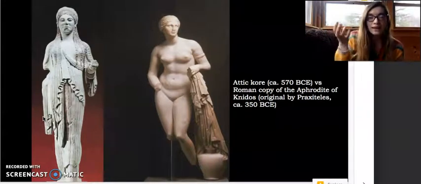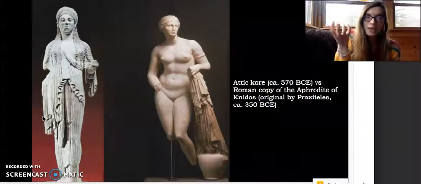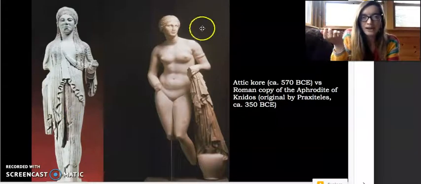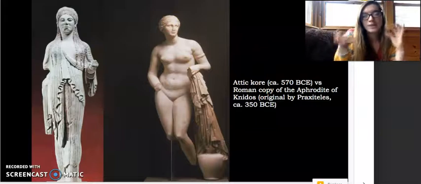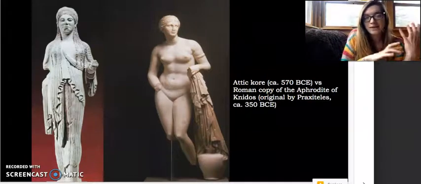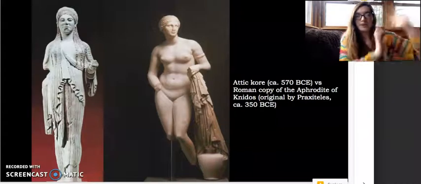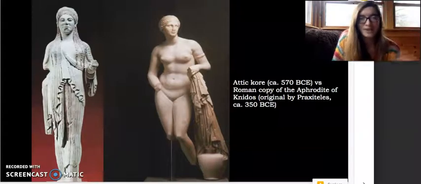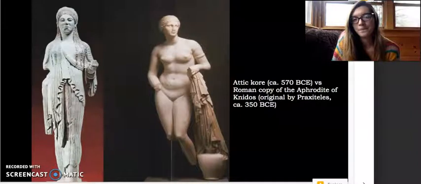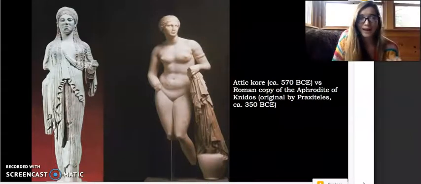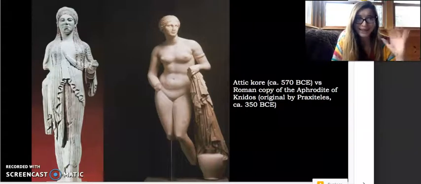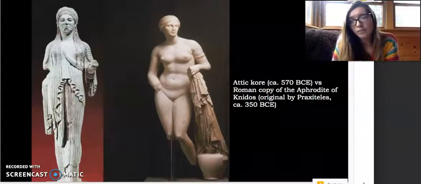And then with Praxiteles and the Aphrodite of Cnidos, this goddess who is nude, the statue that he created in the 4th century, we start seeing, at least on the monumental scale, nude women introduced into the corpus of available works, and highly admired as an erotic image-bearing object. I hate to say that as well.